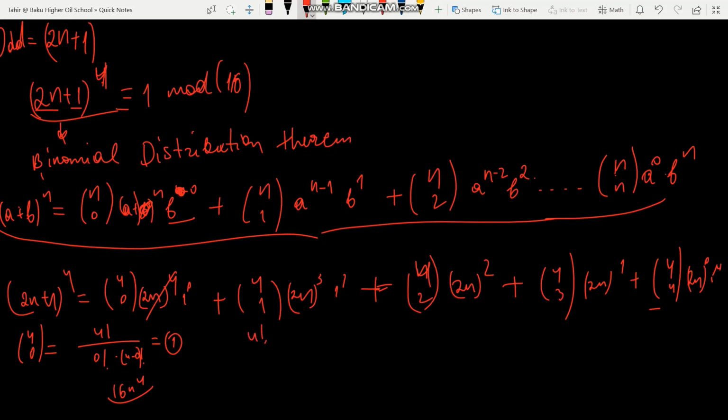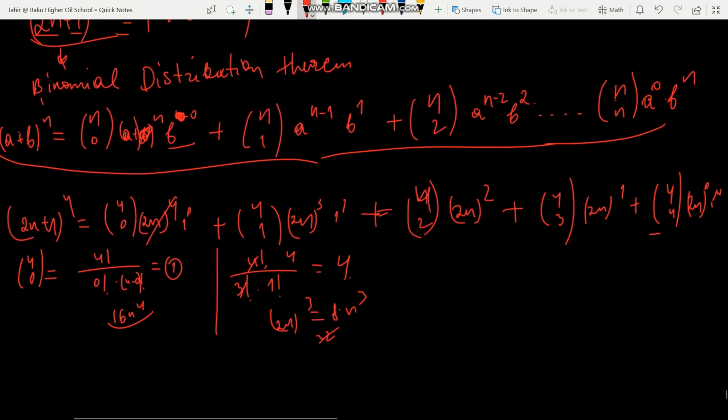For the second one, 4 factorial divided by (4 minus 1) factorial, 3 factorial, multiplied by 1 factorial, it will be equal to 4, and 2n to the power 3 is equal to 8n cubed. And 8 multiplied by 4 is 32, which is divisible by 16, and therefore we can eliminate this, because finally we will not have any remainder from this term.